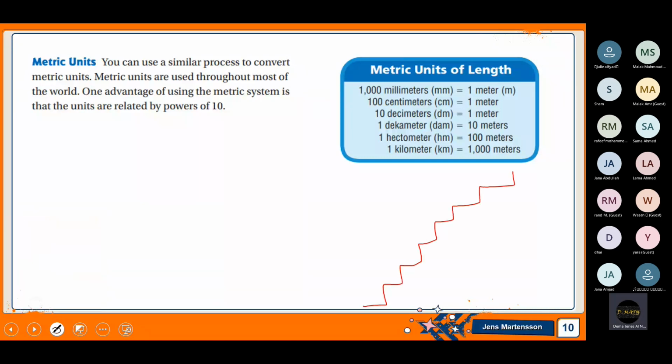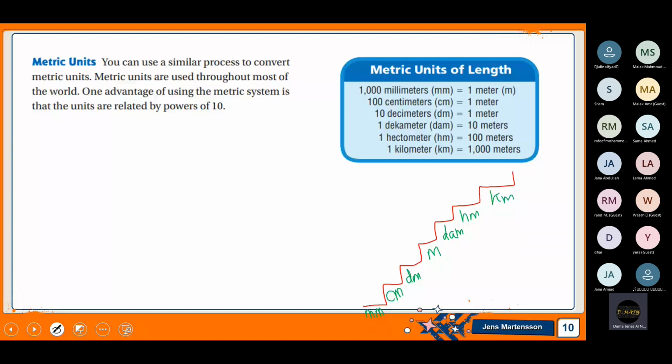Then you will start. Here is millimeter. Here is centimeter, decimeter, meter, decameter, hectometer, and then kilometer.